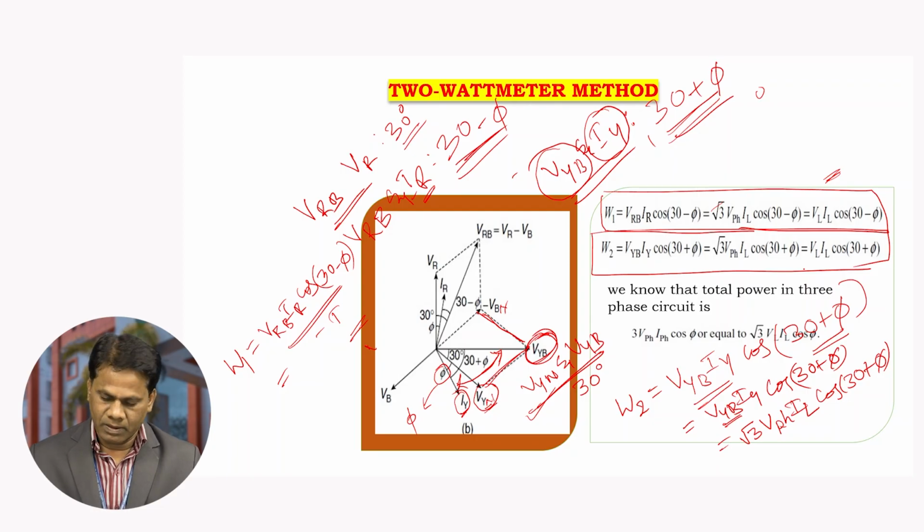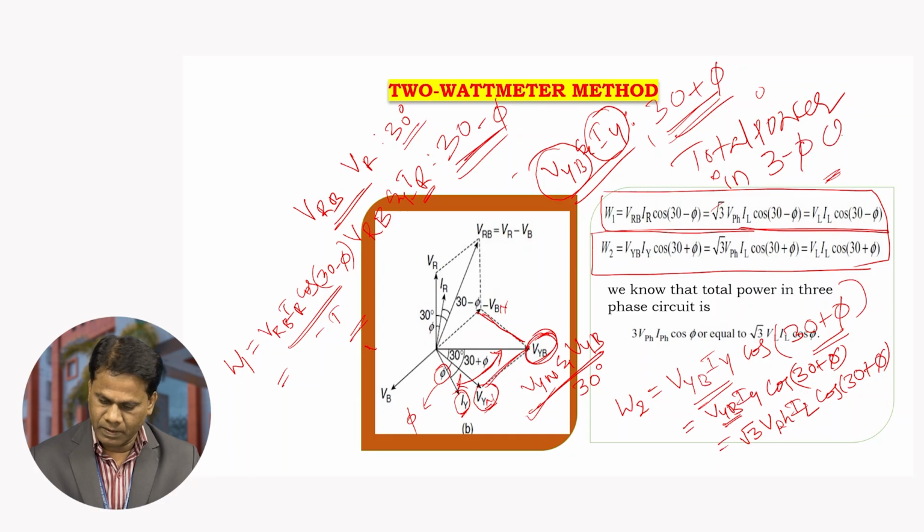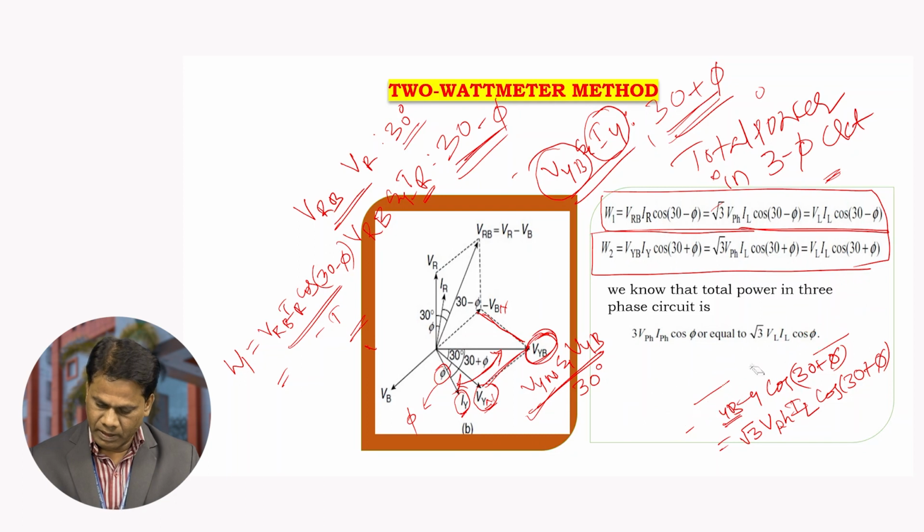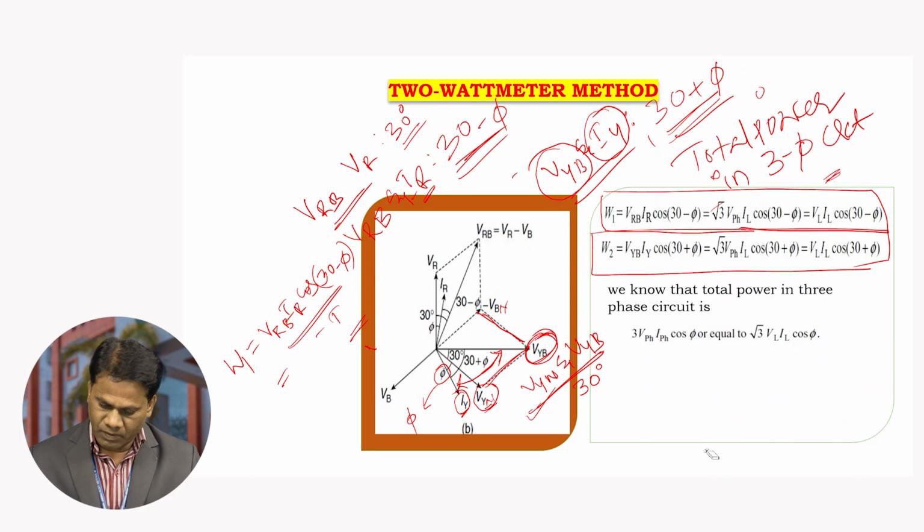But we know that the total power in a 3-phase circuit is given by 3 times V phase I phase cos phi.